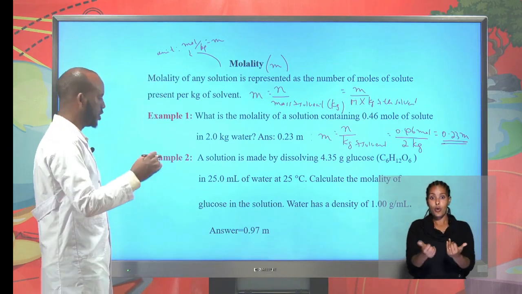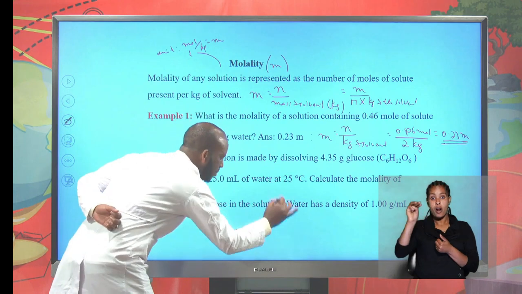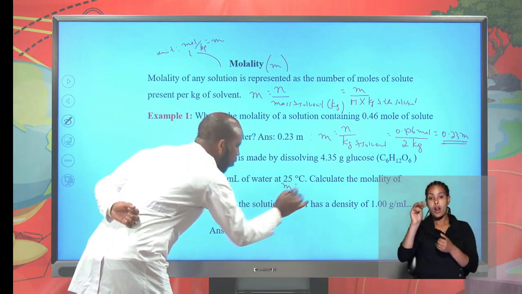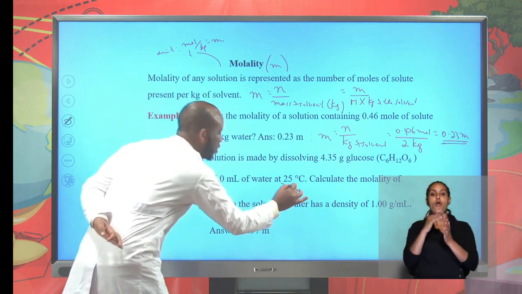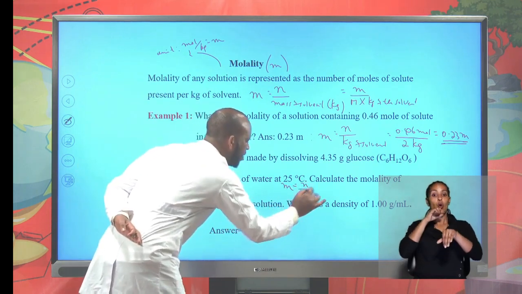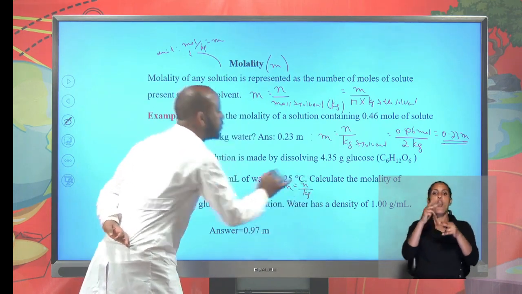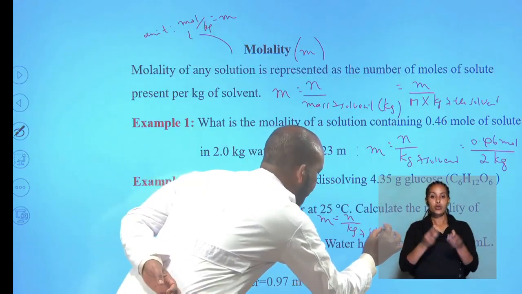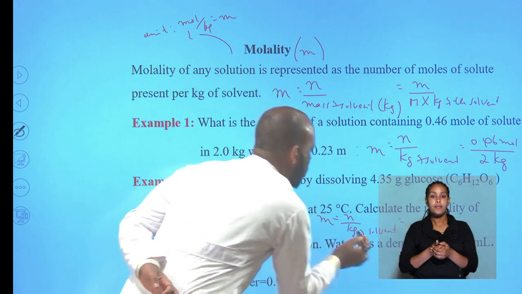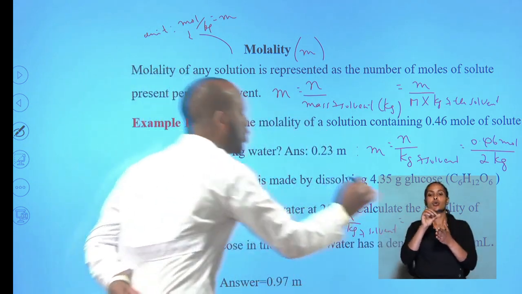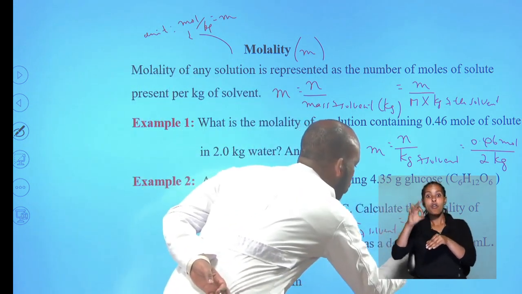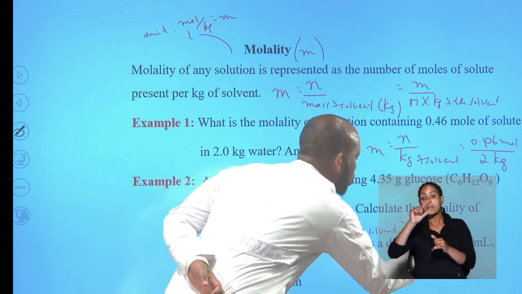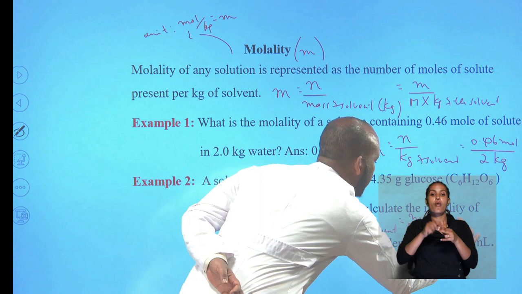Molality of the solution equals number of moles of solute divided by kilogram of the solvent. But number of moles of solute is mass of the solute divided by molar mass of the solute.